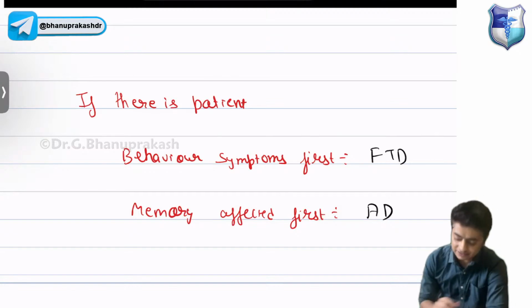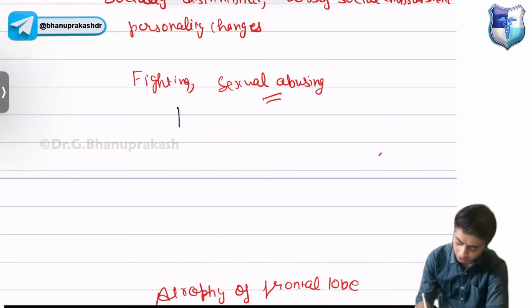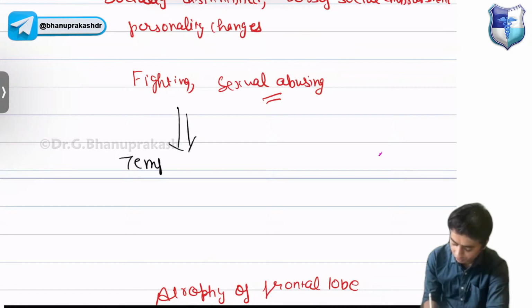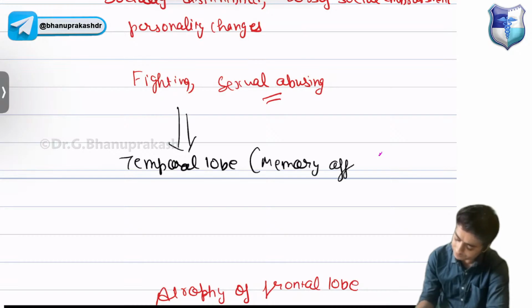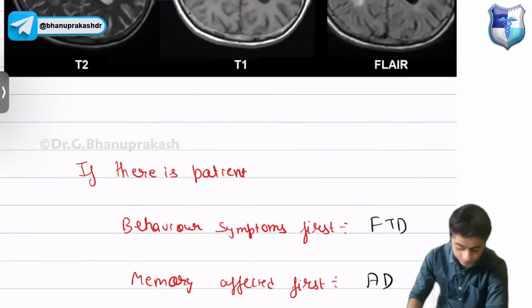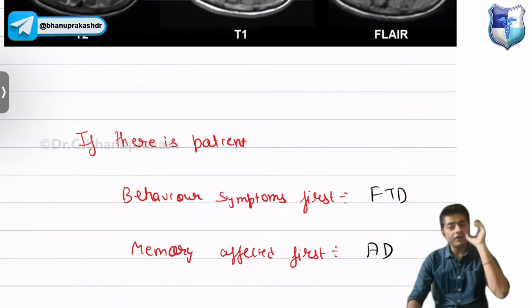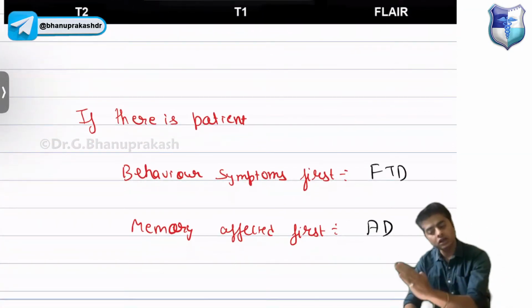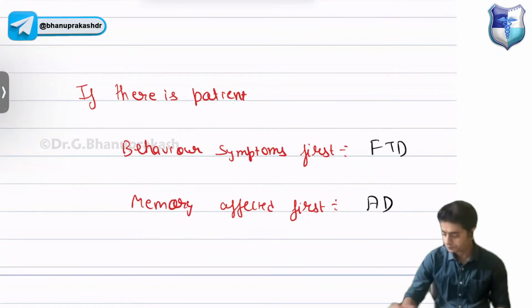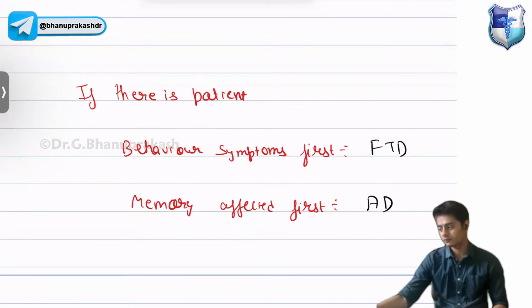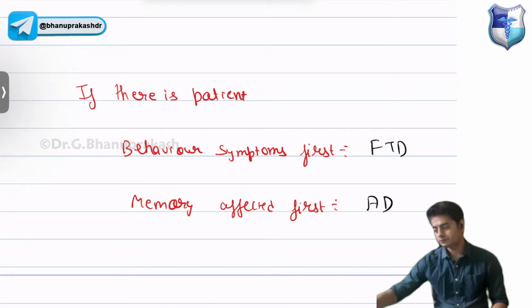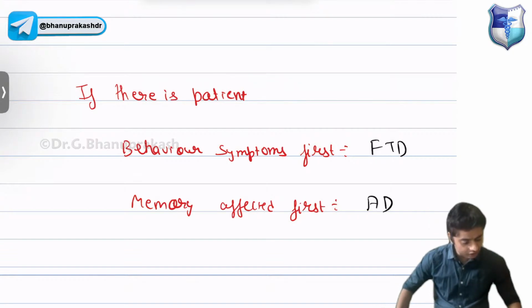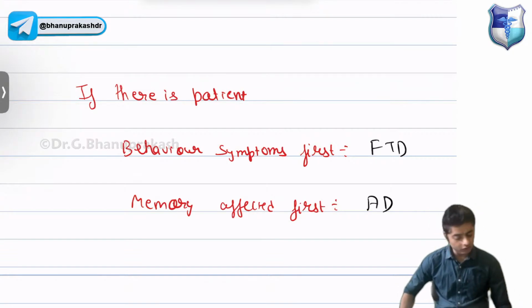Later on in FTD, there will be involvement of the temporal lobe and then memory is affected. Everyone got FTD? In FTD, behavior symptoms will appear first. Later on, memory symptoms will appear. Okay everyone, shall we move forward now?